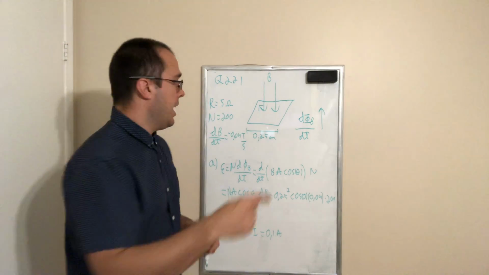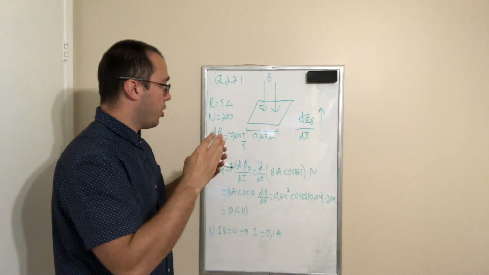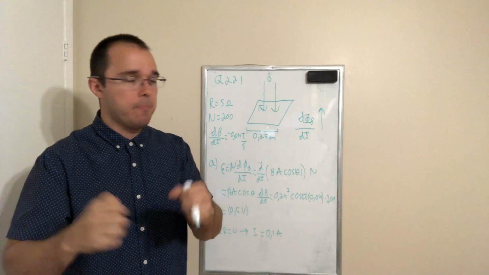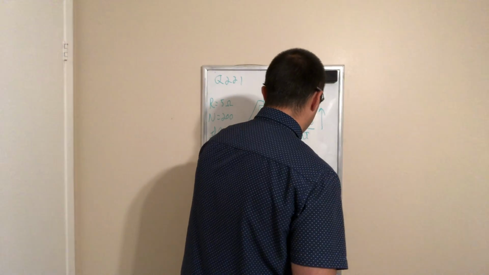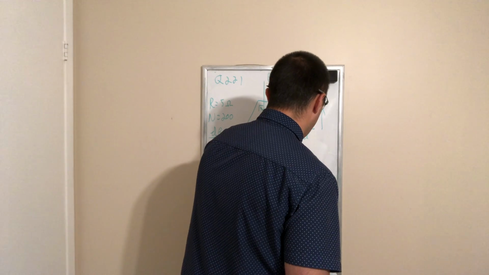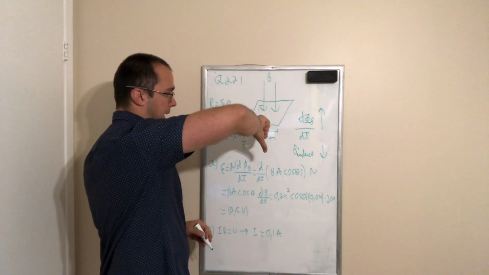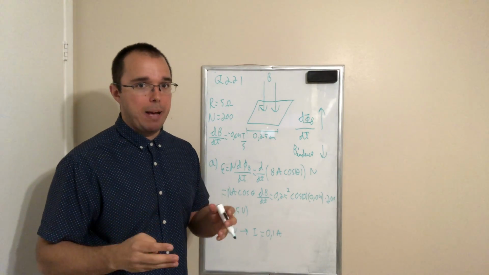What that means is there will be an induced magnetic field inside the coil that resists this change, okay? And this magnetic field will have to be pointing down. I'm going to call it B induced, and basically there's no value here, but the magnetic field is being induced and is pointing downward, opposing the change in magnetic field.